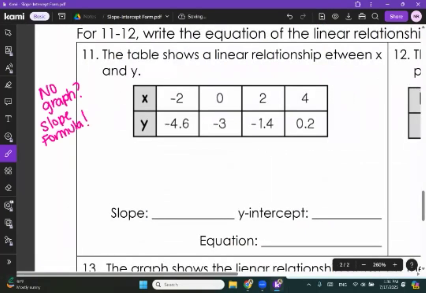Because we don't have the slope formula written on this page, I'm going to go ahead and write it. You can also find it in your reference chart.